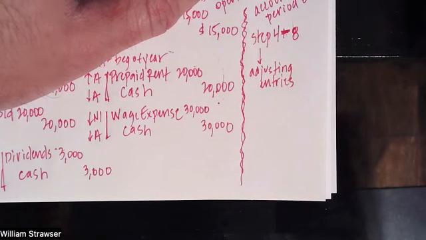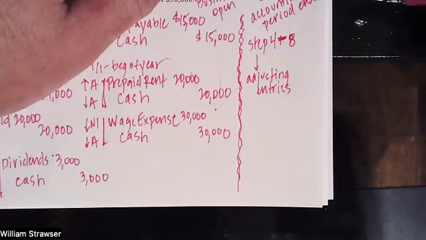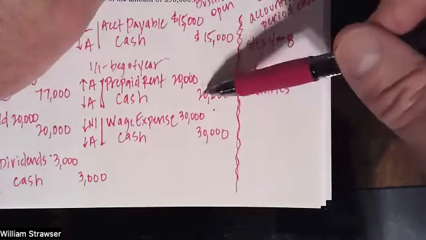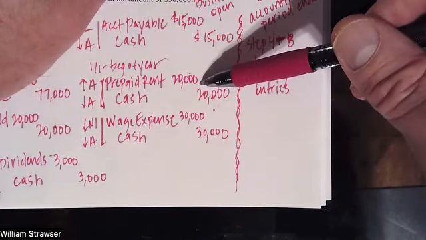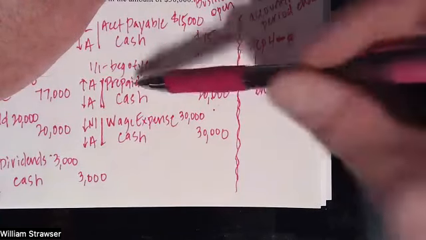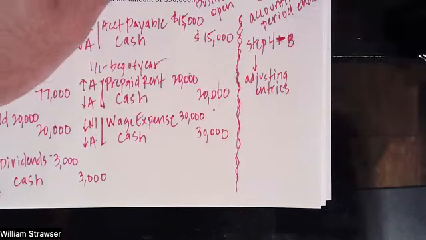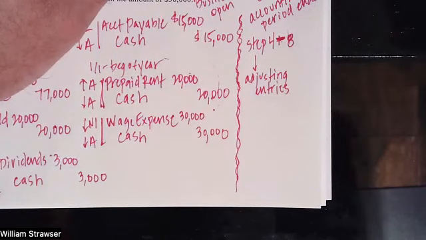So step 4 is creating adjusting entries. One of the things that we have to adjust for is if we have a prepaid asset account, any prepaid asset. Prepaid rent, prepaid insurance, prepaid revenues, which we really don't get into, but prepaid rent and prepaid insurance are two kind of big ones.